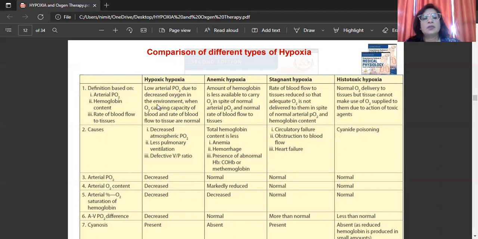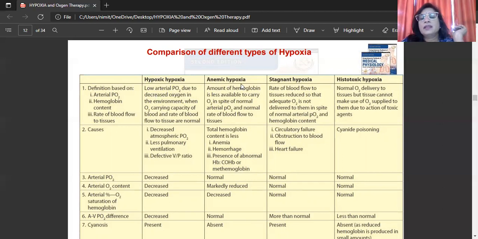So, what is the definition of hypoxic hypoxia? It is low arterial PO2 due to the decreased oxygen in the environment itself. In the environment itself, what is there? Low arterial PO2.